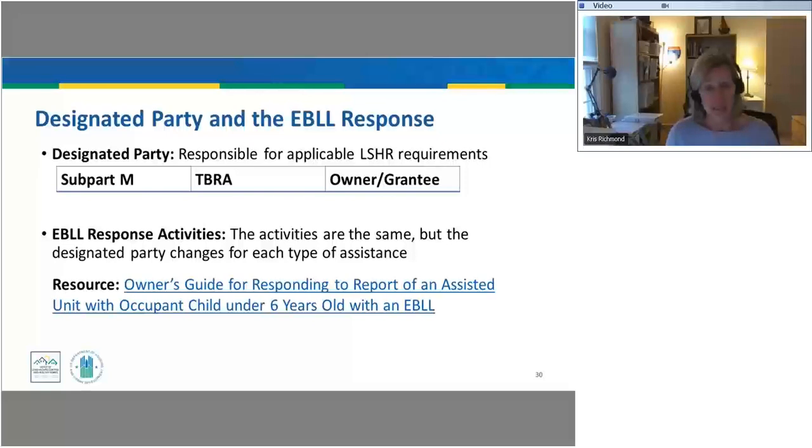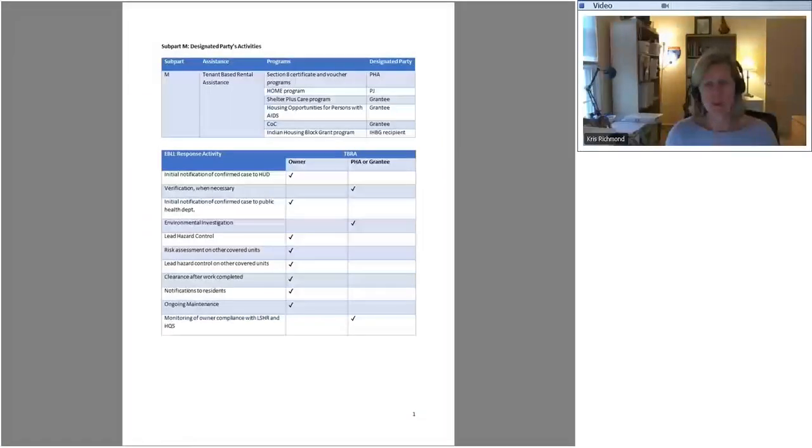And for Subpart M, sometimes the designated party is the owner, and sometimes it's the grantee. So remember, we had that designated party handout, and here you can actually see at what step the owner needs to act. So the owner is doing initial notification confirmation.